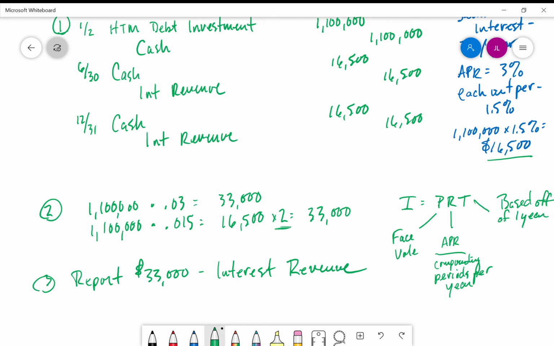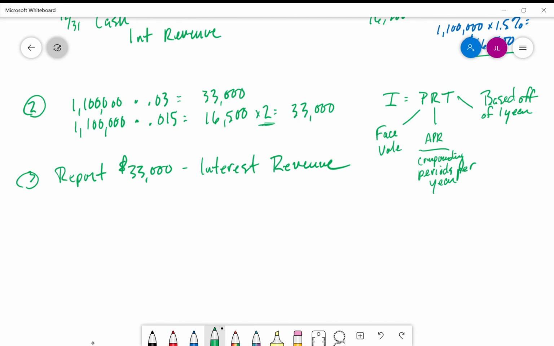So where we're doing it semi-annual, we'll scroll down here and add a little bit more to this. When we're talking about time, annually would be 1 time a year. Semi-annual would be twice per year.